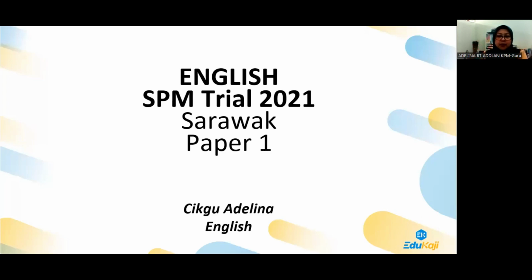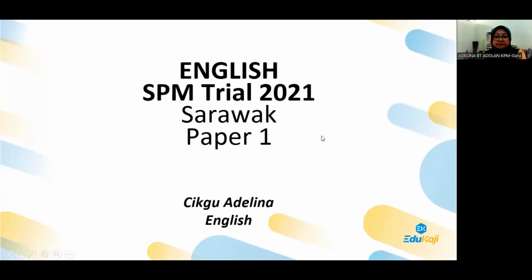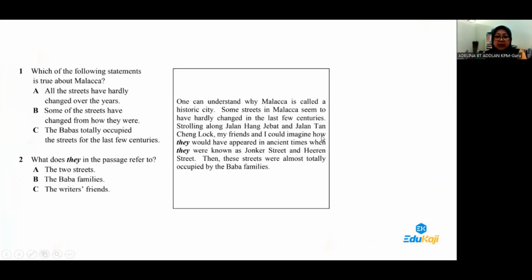Now let's look at our Sarawak trial paper 2021, which is paper 1 first. I have to refresh your minds about the format of paper 1. I hope everybody has not forgotten that in paper 1 we have 5 sections altogether, and there are 40 questions that you need to answer.